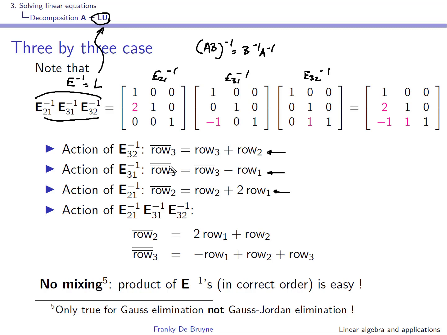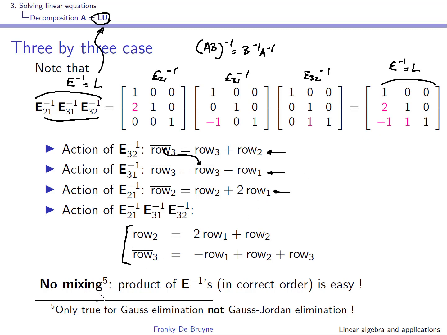If you bring this thing here inside of here, you obtain the 2 following equations. Okay, and what you see is that row 3 is minus row 1 plus row 2 plus row 3, and here E minus 1, which is equal to L, can actually very easily be constructed from the multipliers.